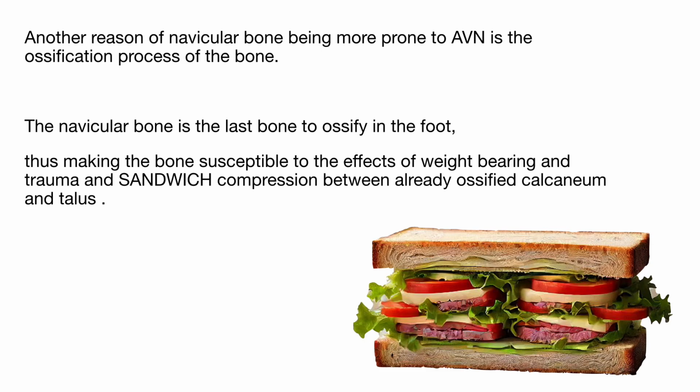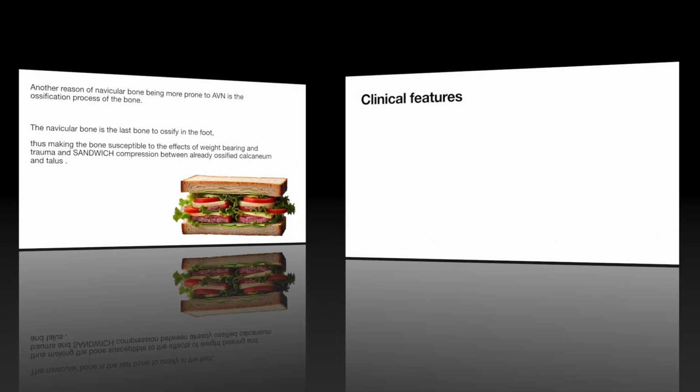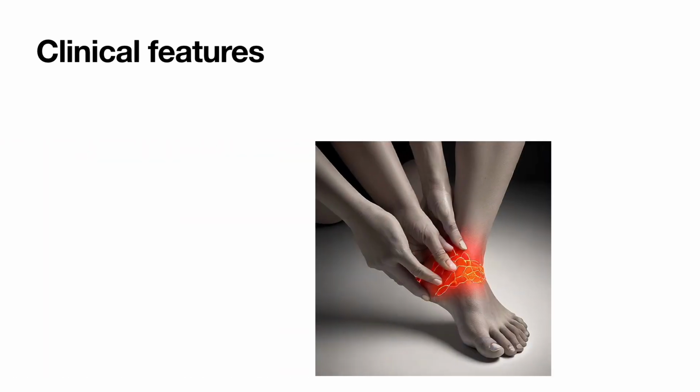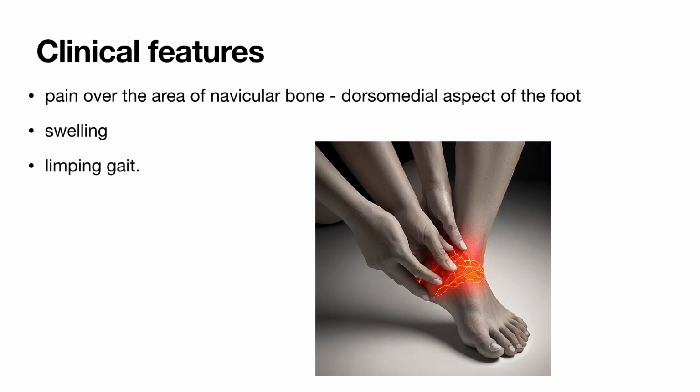Now coming to the clinical features. The patient will present with pain and swelling over the area of navicular bone, which is the dorsomedial aspect of the foot, and also the patient will have limping gait. Now, with these clinical features, your next investigation will be X-ray foot.